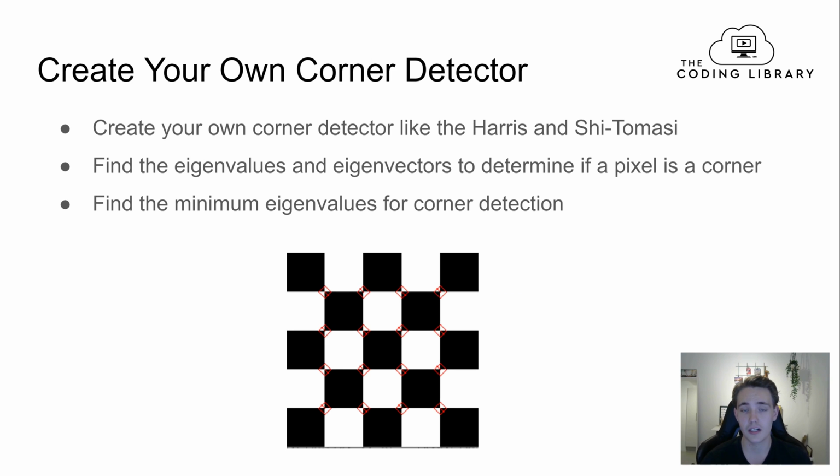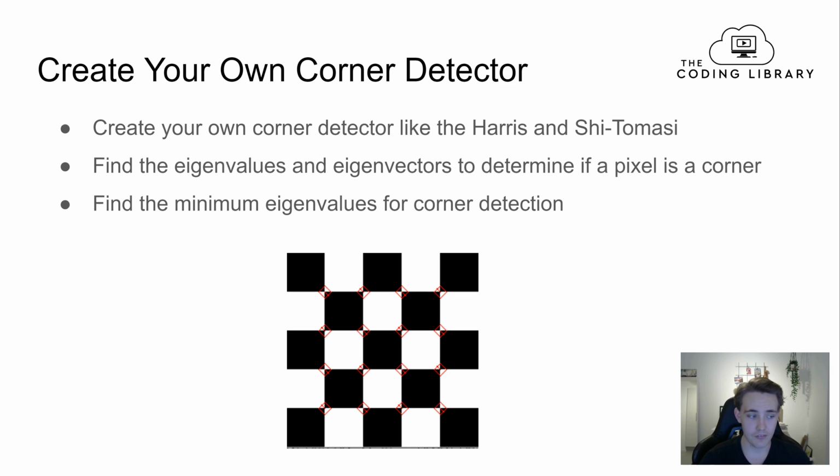If you have some different kind of application and the built-in functions, like the Harris corner detection or the other one, are not good enough for your application, you can also create your own by using the same approach as the Harris and the Shi-Tomasi corner detector. So you can create your own by just finding the eigenvalues and eigenvectors to determine if a pixel is a corner, and then we can use these eigenvalues to find the minimum eigenvalues, and those will be the corners in our image that we have detected.